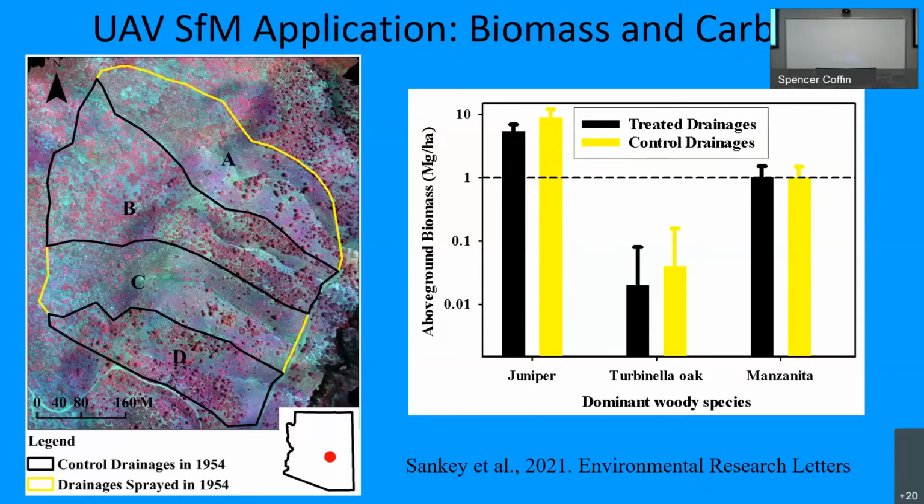Once again, this is a false color composite, and the bright red areas are the individual trees or woody vegetation canopies. We find significantly lower woody cover at the 2 treated watersheds compared to the untreated watersheds.